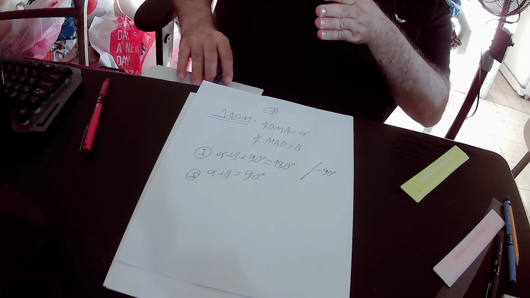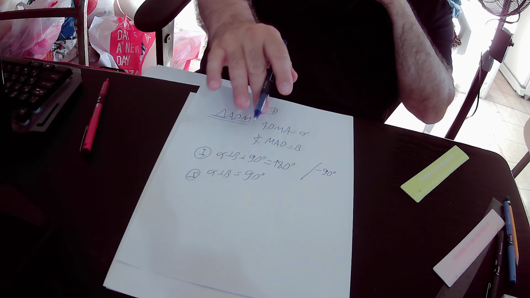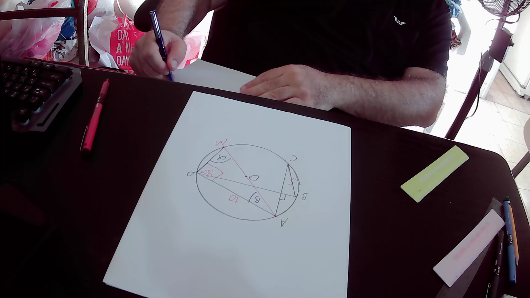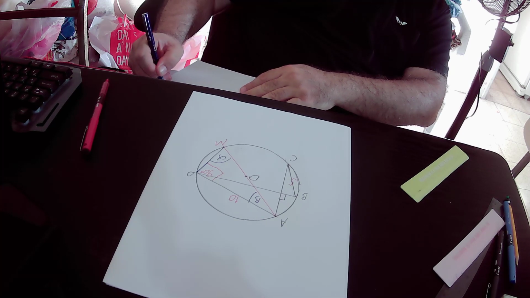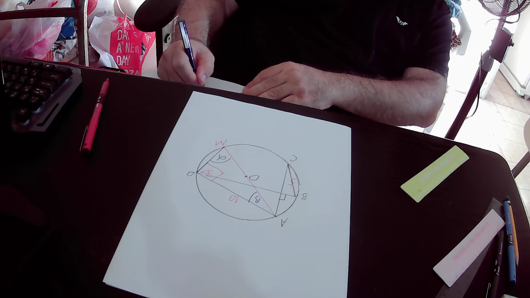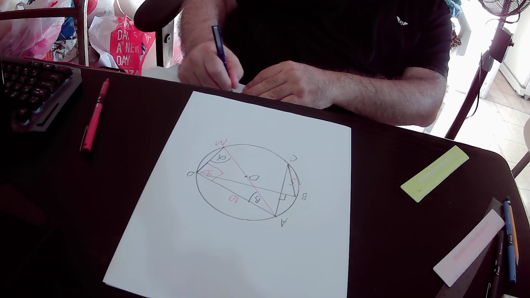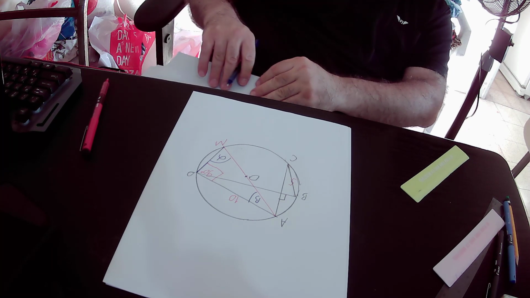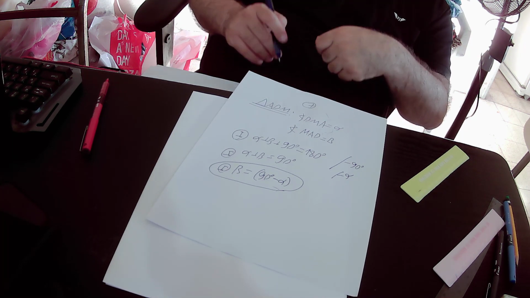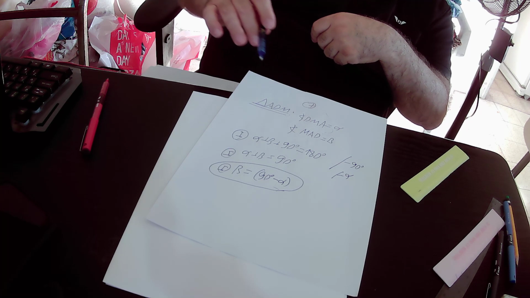In the next step, we will subtract alpha from equation number 1. So we subtracted alpha from equation number 1.